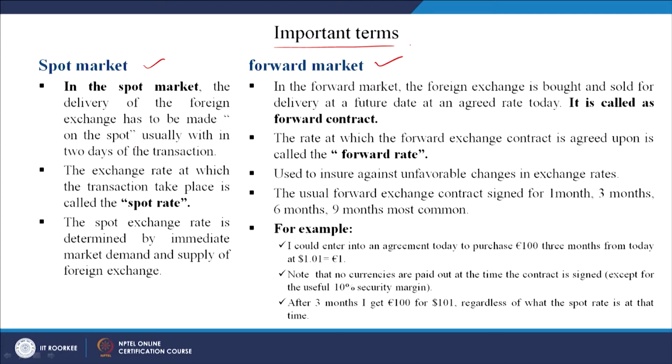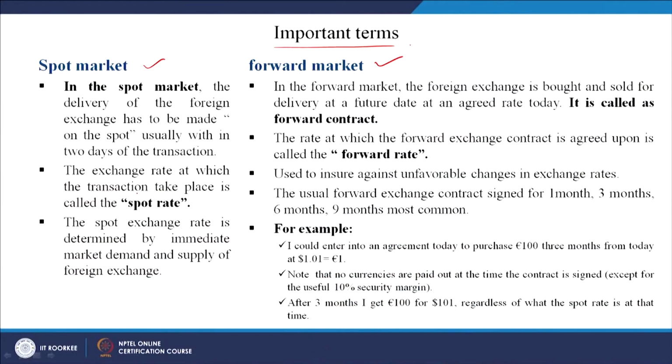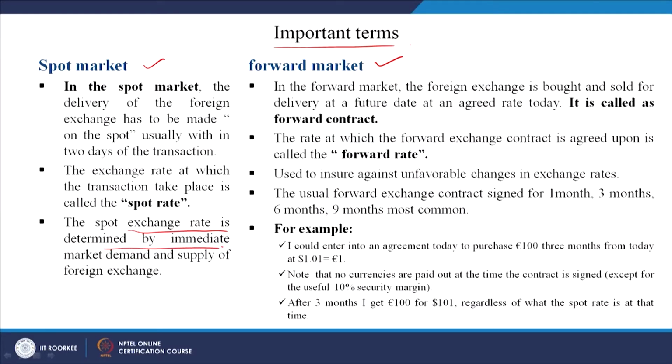So, that means when any transaction is made, the delivery has to be made immediately. The exchange rate at which the transaction takes place is called the spot rate. So, whatever the exchange rate at that point of time is called the spot rate. The spot exchange rate is determined by immediate market demand and supply of the foreign exchange.